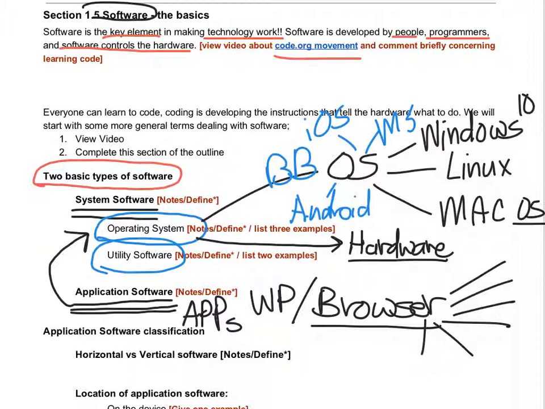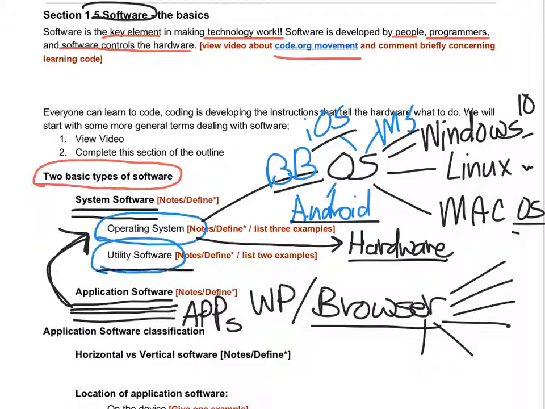So if you have an application that's designed for an Android, get it? Then it will not function on a BlackBerry, iOS, or Microsoft phone software. Like an application written for Linux will not be compatible with Windows or Mac. Applications are designed to run with a particular operating system.